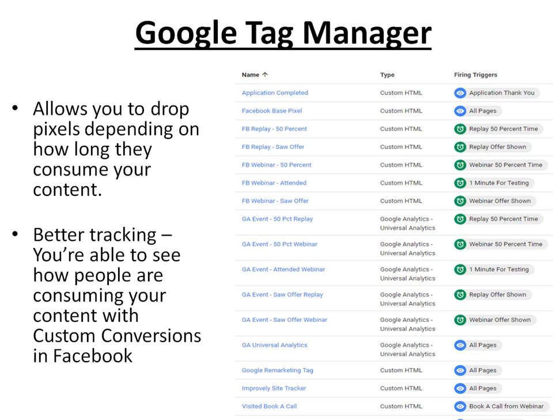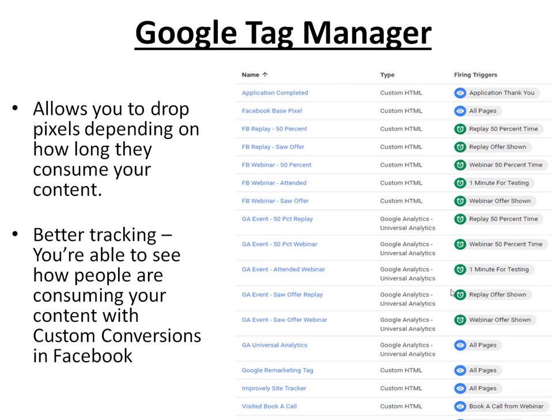Now, going to Google Tag Manager. Google Tag Manager allows you to drop pixels depending on how long someone consumes your content. So you can actually see this. So when somebody watches 50% of our webinar, we're able to drop a pixel that's timer based, and we add them to our audience of people that have watched 50%.